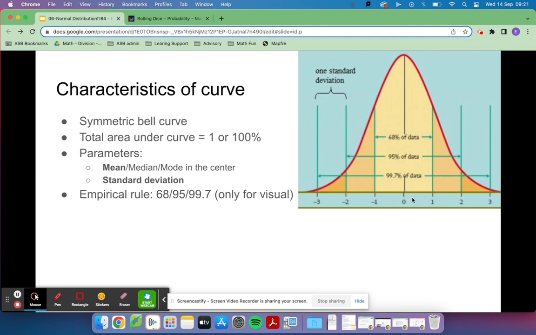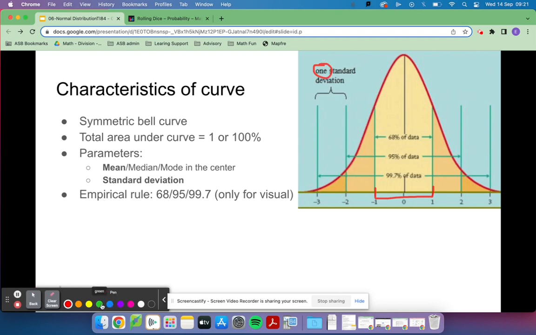So in this example that you see here, the standard deviation itself is 1. So when we're moving away one standard deviation on both sides of the mean, in this range, we say that there's going to be 68% of all of our data within one standard deviation of the mean.